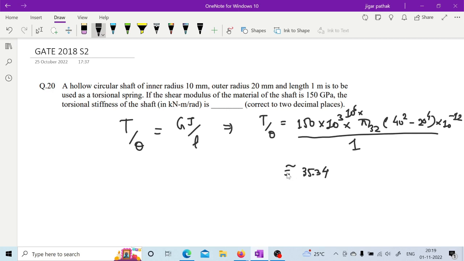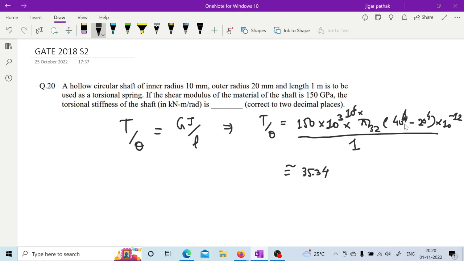Check this once again. I am getting 35.34 into 10 to the power 9. So this is kilonewton meter, you must not have converted. You are getting it in Newton mm.